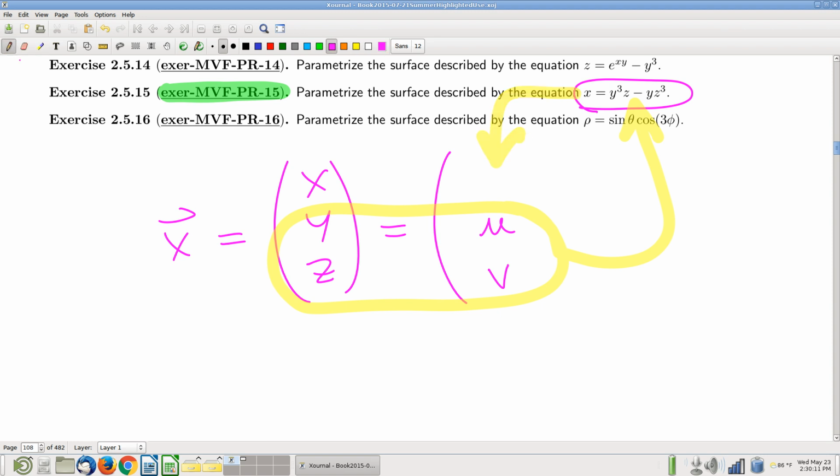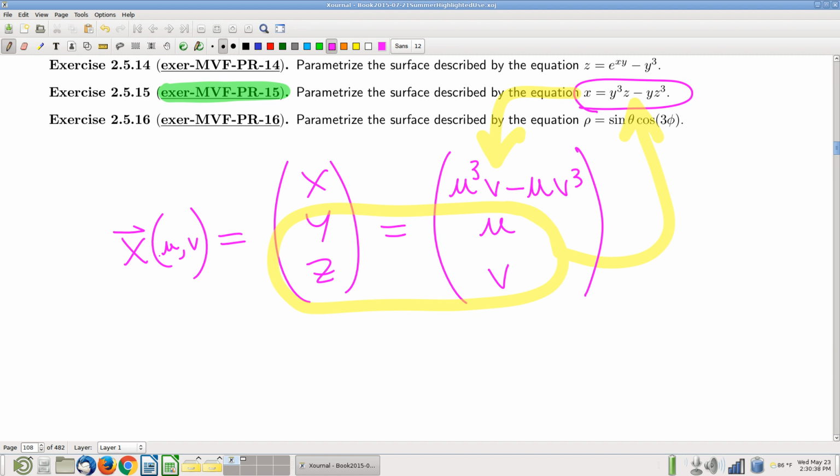So x needs to be then, let's see here, y is u, z is v, so we get u cubed v minus u v cubed. Does that make sense? And notice this gives us what we wanted. This gives us position x as functions of two variables u and v.